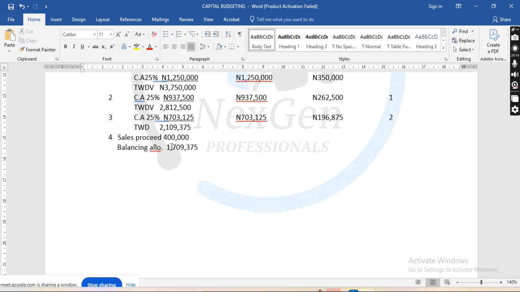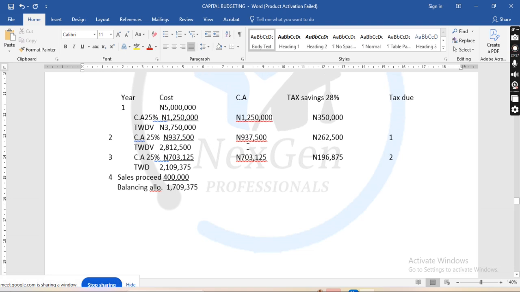Okay, so since this is balancing allowance, balancing allowance is when the tax written down value is higher than the sales proceed. The sales proceed at the end of the year is 400,000. So the company will claim capital allowance on this allowance because they didn't make profit on that disposal.